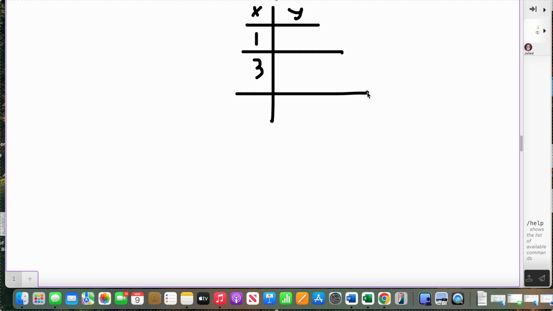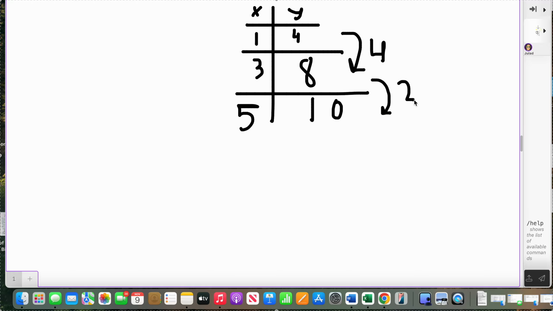Now let's determine if this next one has slope. So this went up by 4, and this went up by 2.